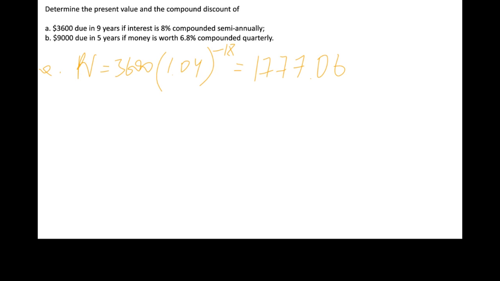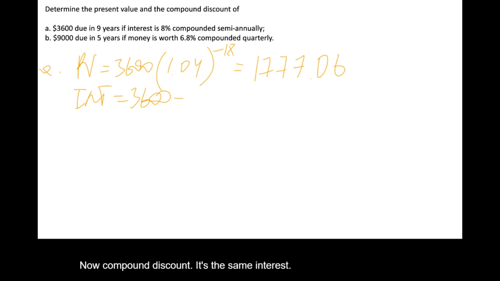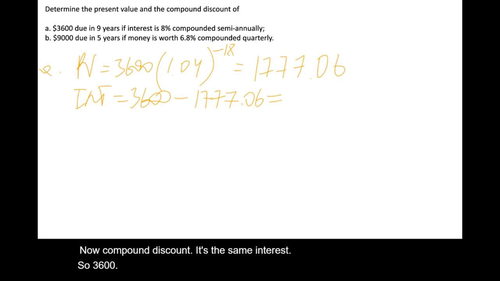Okay. So now compound discount, it's the same interest. Okay, so 3600 minus 1777.06.